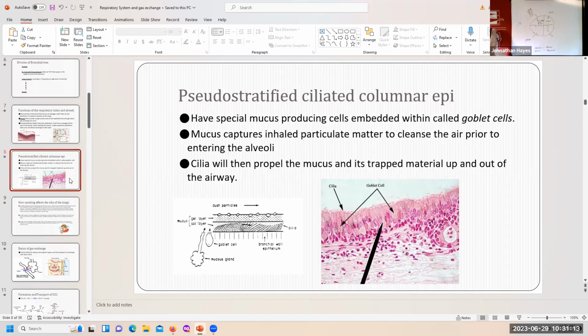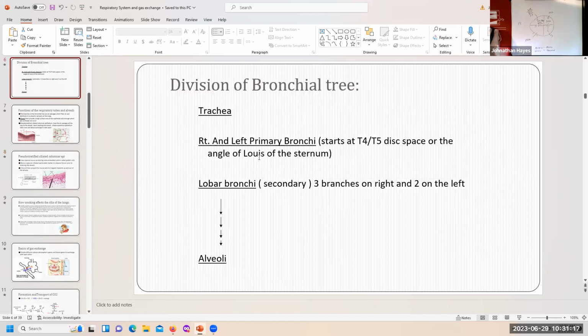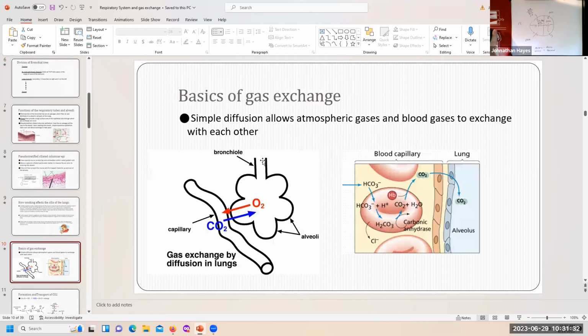So pretty much all the way through the tracheo-broncho-alveolar system, most of the way during the branching of these tubes, you're lined with pseudostratified ciliated columnar epithelium all the way until you get to the terminal bronchiole. And then once you get to the very terminal end, like right here, it switches over to simple squamous epithelium, which will form the alveoli.